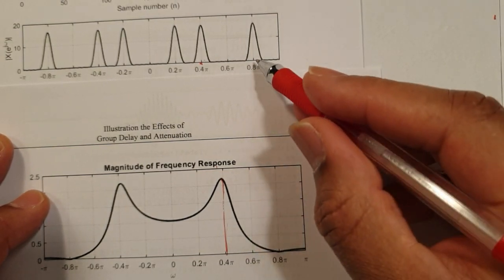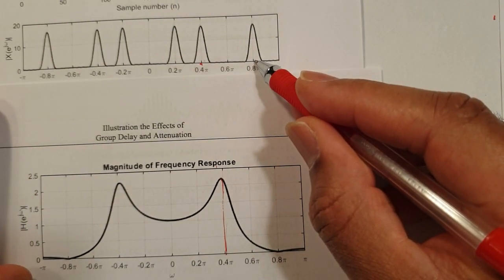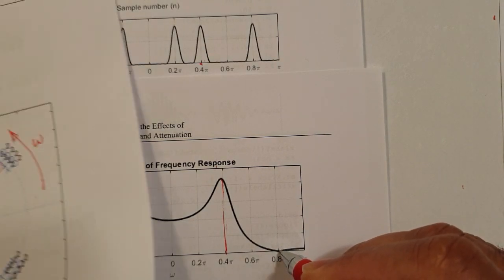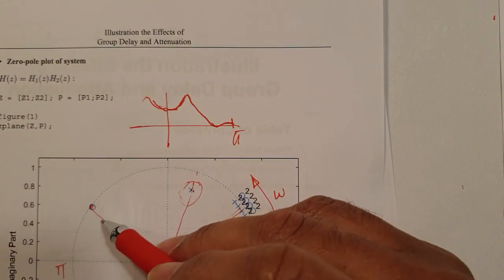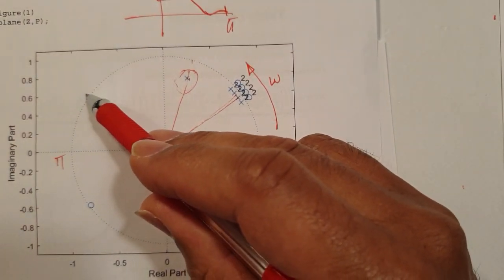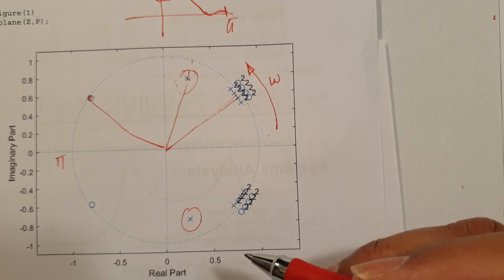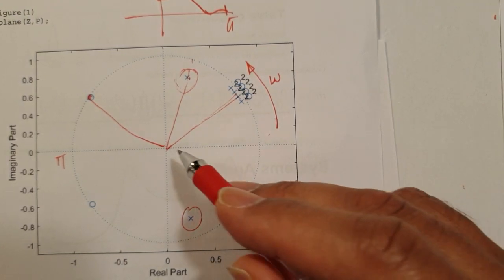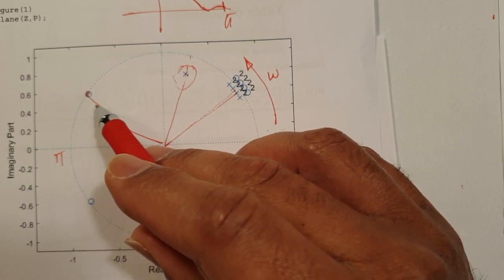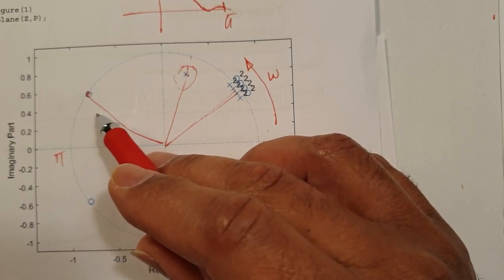Now at this higher frequency, we have a zero, which is at this 0.8, sorry, that you can see here in the pole-zero plot. So we have a zero there. That means that any signal that comes at that frequency will disappear. The zero is on the unit circle. If it was inside, it would not be the same.